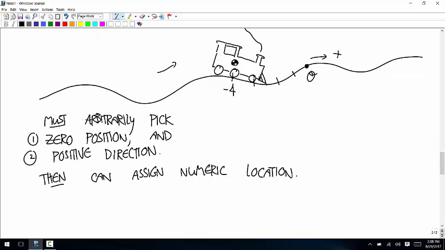And this is a mathematical idea, but it's also the same way that we talk about locations in everyday speech. We don't do it numerically all the time, but if somebody asks you where the restaurant is that you're meeting at, you pick a reference location. You say, okay, you know where Calhoun Square is?